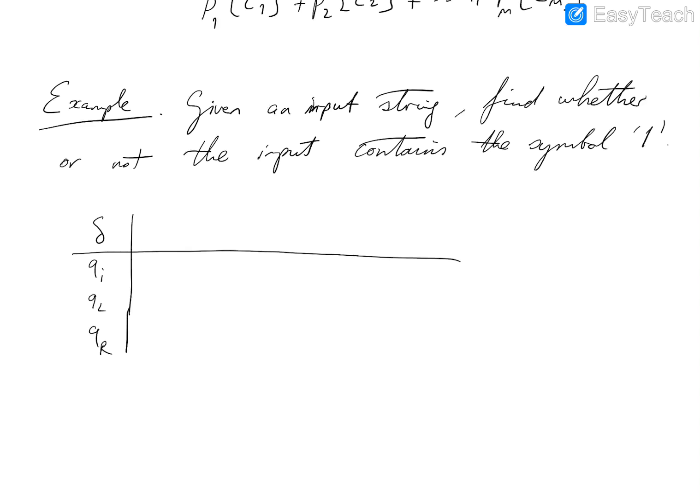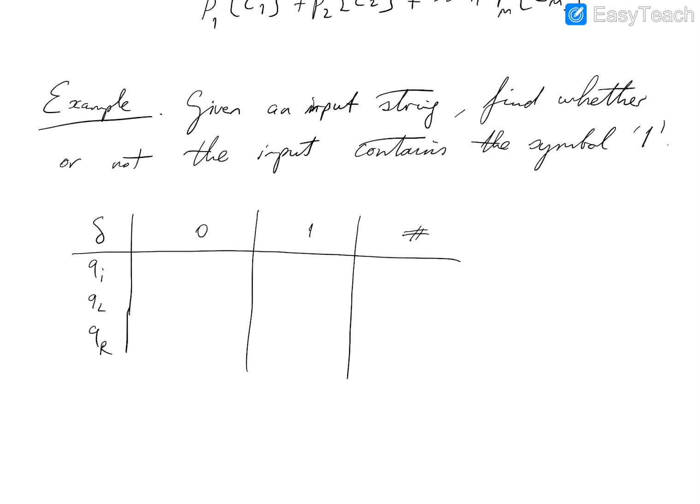Our input symbols are 0 and 1, this is our alphabet, and then we have the end marker symbol, used for the sole purpose of denoting the end of the input string.